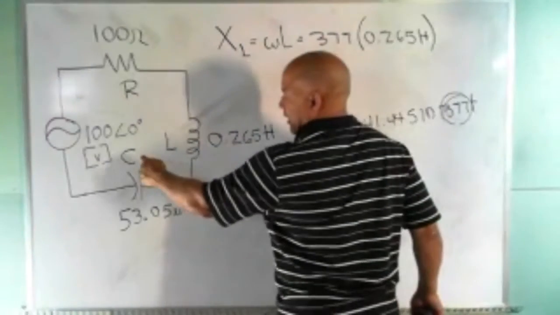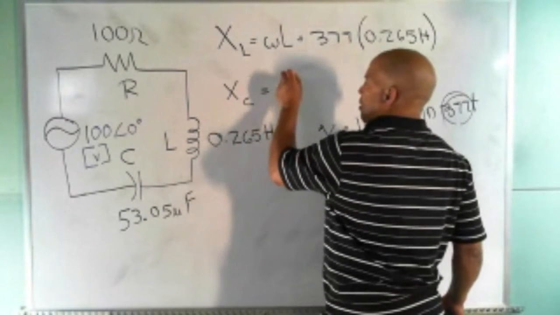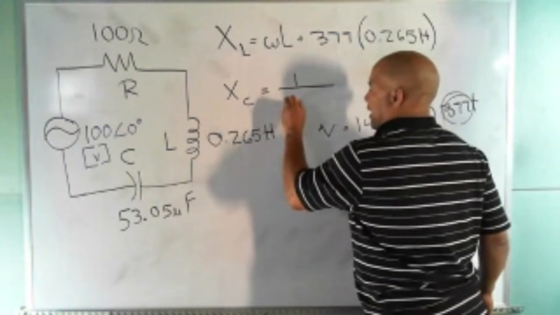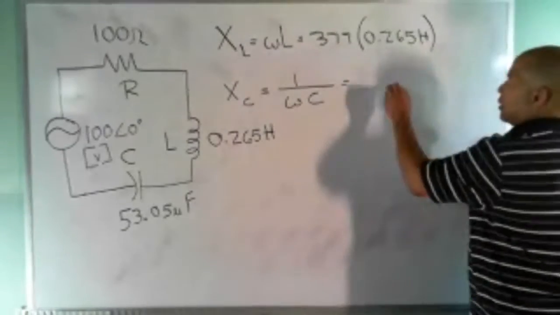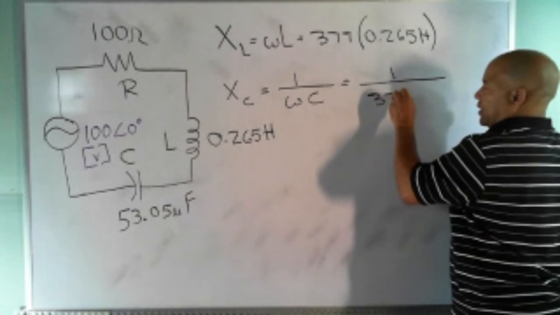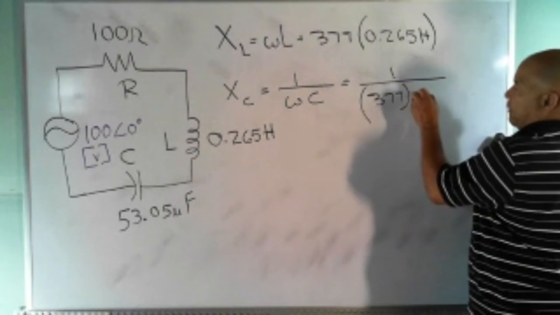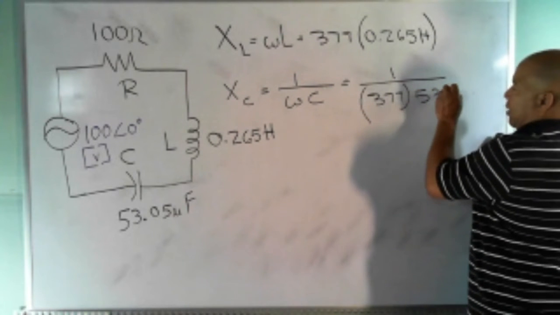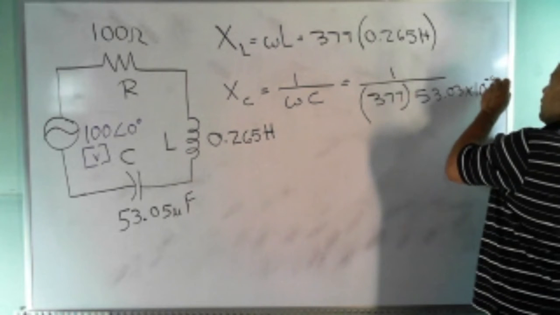And I want to convert the capacitor to XC by doing 1 over omega C. It's going to be 1 over 377 times 53.03 times 10 to the minus 6 farads.